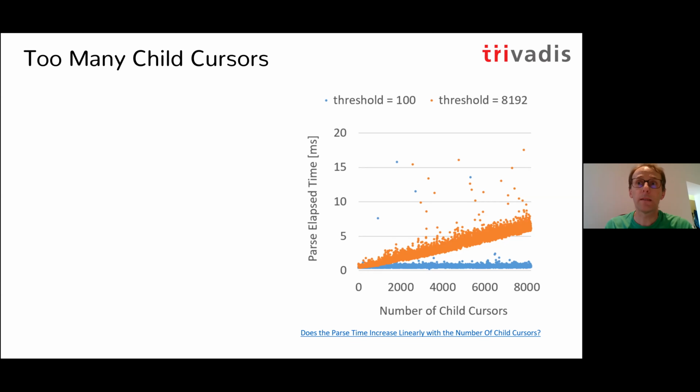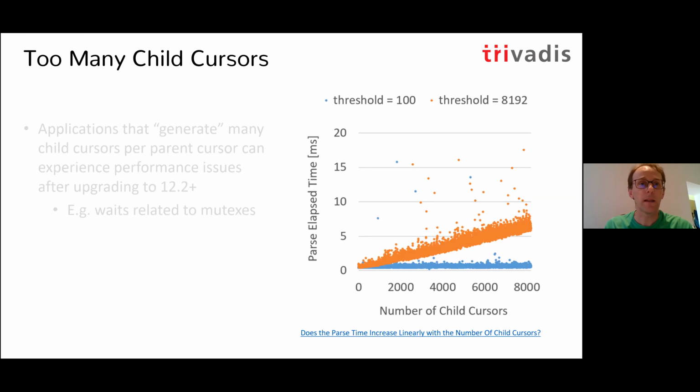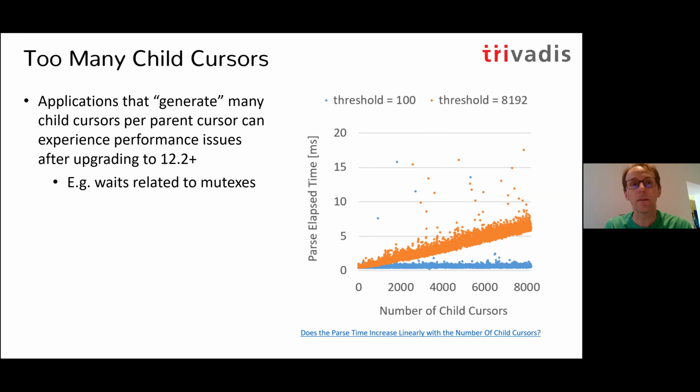The problem with that is, of course, that if this limit is higher and you have an application that executes a lot of parses and generates a lot of child cursors, you might experience some performance problems, especially if you are on 12.2 or newer, because that's when Oracle increased this limit from 1,000 to 8,000.